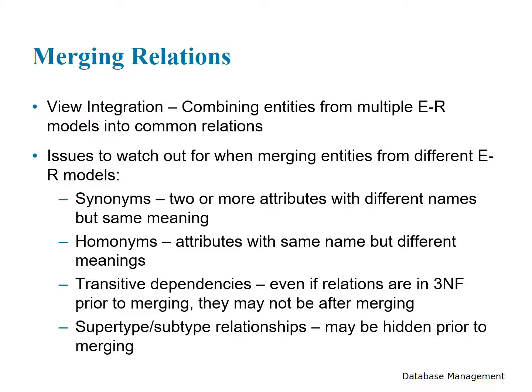Transitive dependency. When two third normal form relations are merged to form a single relation, transitive dependency described earlier in this chapter may result. For example, consider the following two relations: student 1 table, student ID, major name; student 2 table, student ID, advisor.